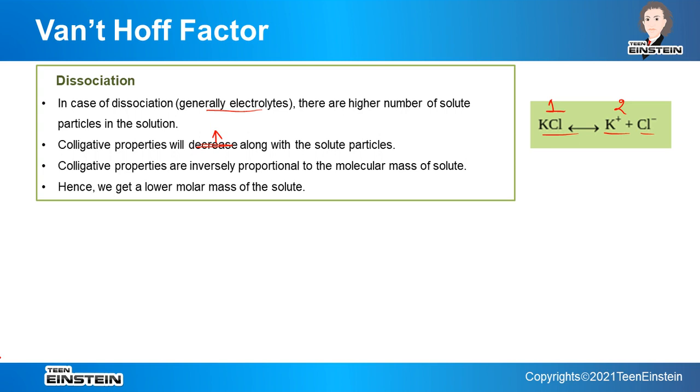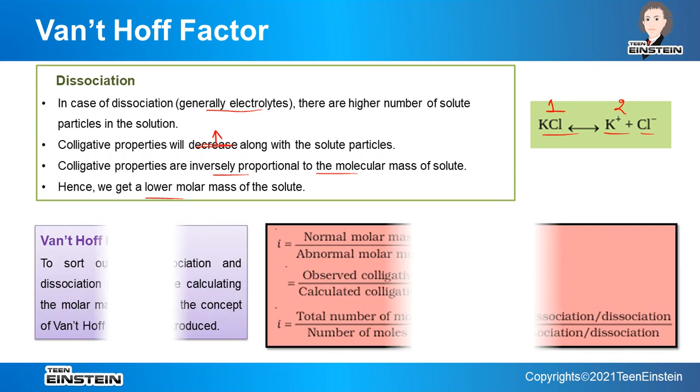And since colligative properties are inversely proportional to mass, the mass that you will get will be lower than the actual mass. In the previous case, the value of molar mass we got was higher than the actual value, but now we are getting a lower value compared to the actual value. This is the problem we face in dissociation.